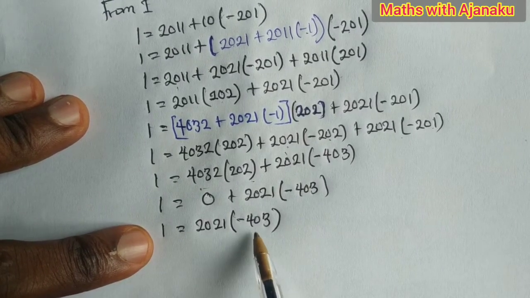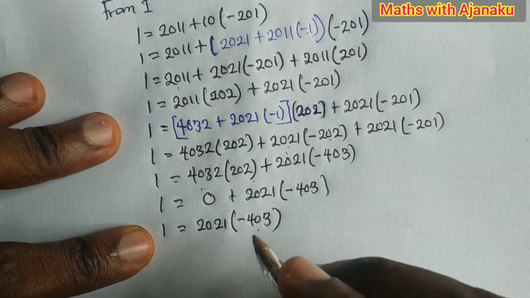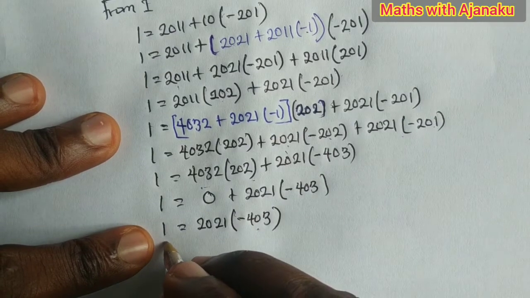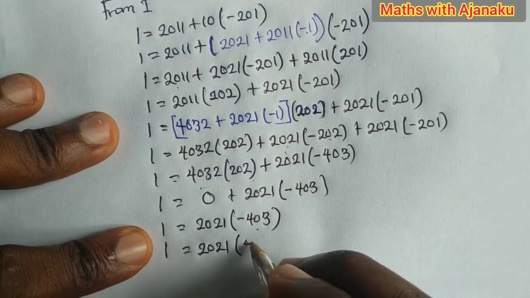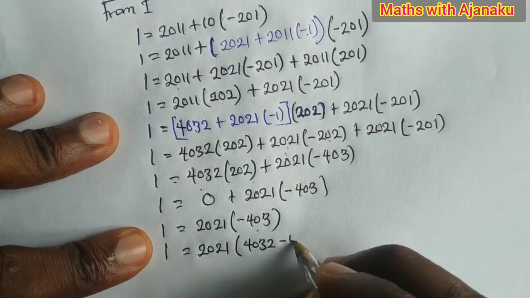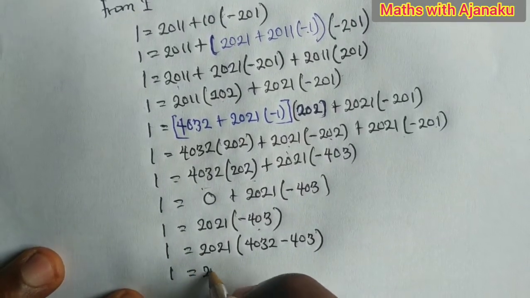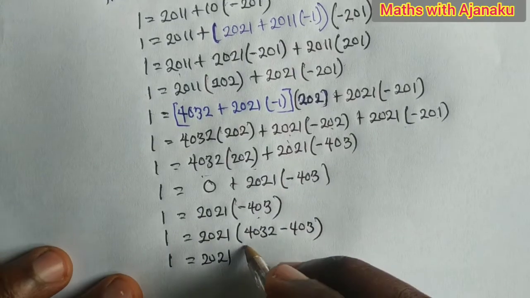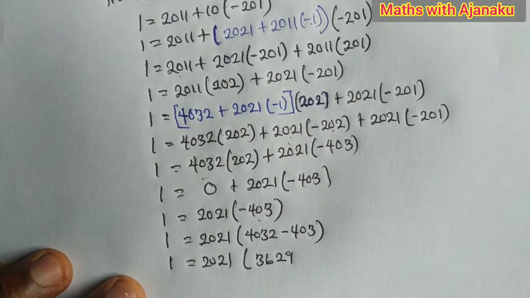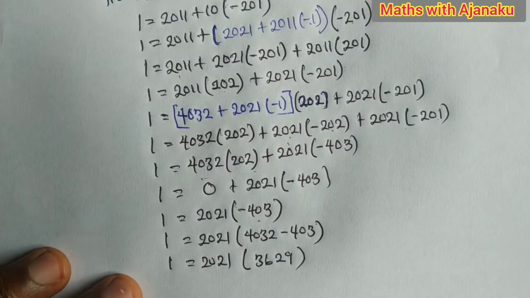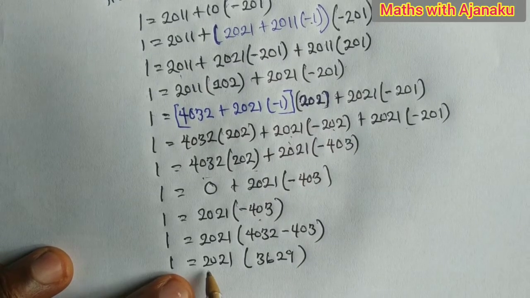However, we can't get a negative number inside the modulo 4032. So change it to a positive number by adding 4032. Then I have 1 equal to 2021 into bracket 4032 minus 403. By so doing, I get 1 equal to 2021 into bracket 3629, which implies that 3629 is the inverse of 2021.